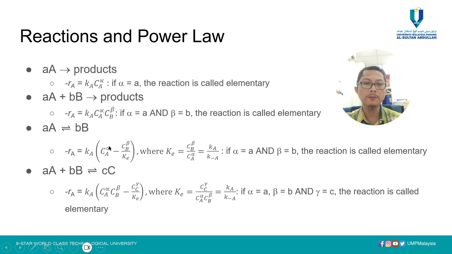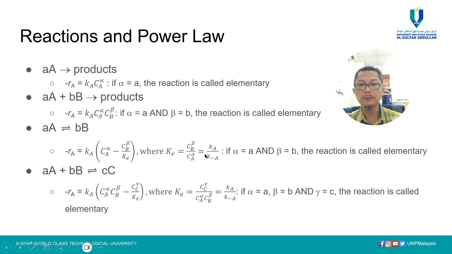You will have a reverse reaction. So if you want to write the rate law based on the power equation, negative r equals k CA to the power of alpha minus CB to the power of beta per capital KE, where K equals the ratio of the concentration of B and concentration of A with the powers respectively.